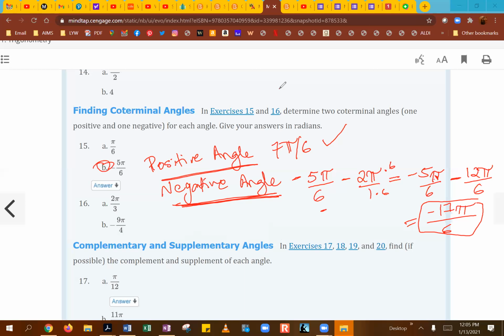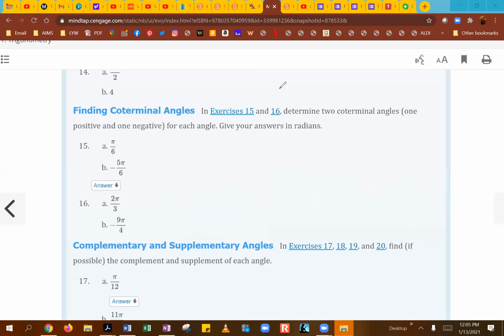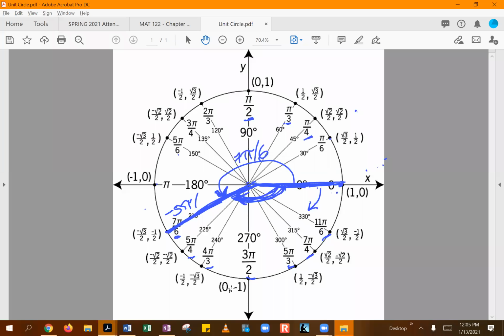And of course, you can do the same thing with that first example, 5a, pi over 6. Let's clear this out so we're not looking at such a big mess over here. So, with pi over 6, again, this would be our initial side, and you can see pi over 6 is going to be this angle over here.